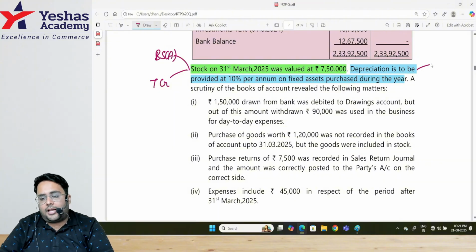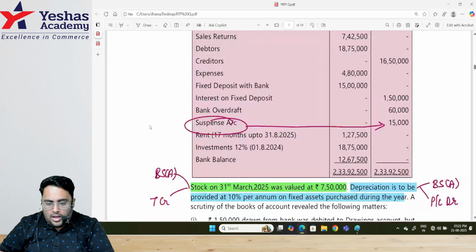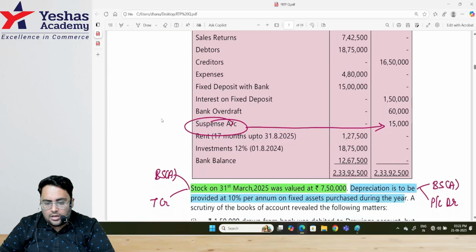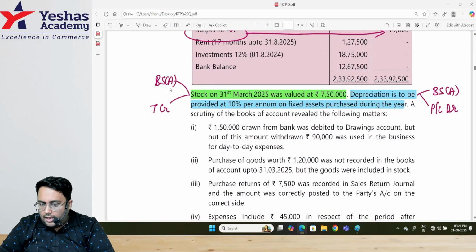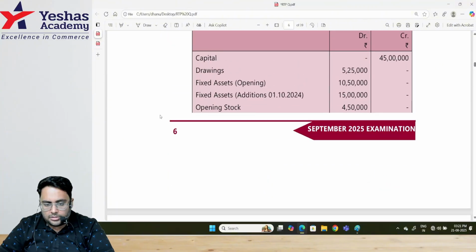Depreciation to be provided at 10% per annum. What is the first effect? Balance sheet, deduct from asset. P&L account, show it on debit side. How much? I go back and see depreciation on fixed asset purchased. Where is your fixed asset purchased?